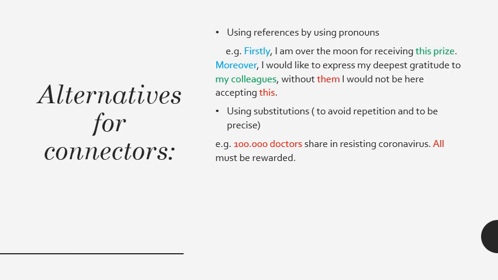So instead of saying 100,000 doctors share in resisting coronavirus and 100,000 doctors must be rewarded, you can simply say all must be rewarded. You can use, by the way, synonyms here. Yeah, synonyms, of course, migrants, immigrants, and so on, because they indicate to some extent the same meaning.